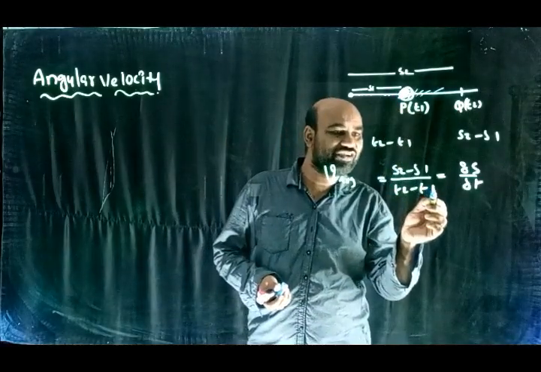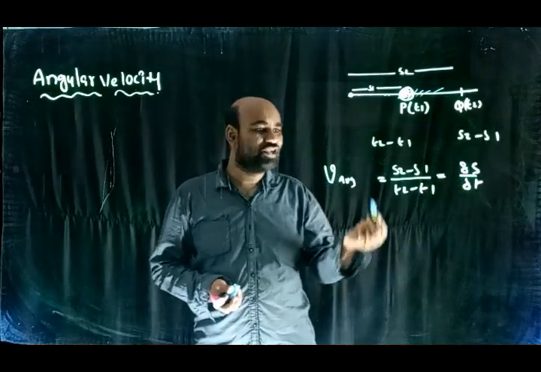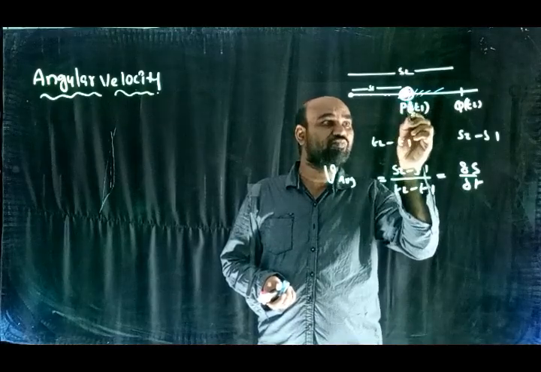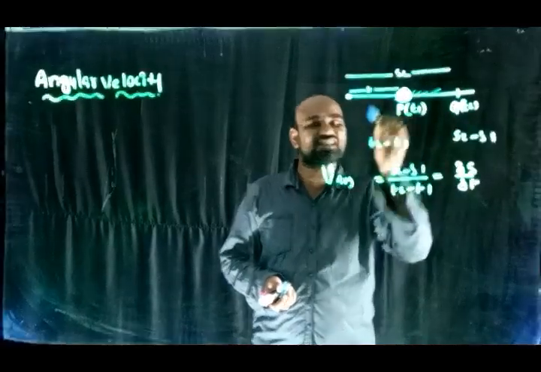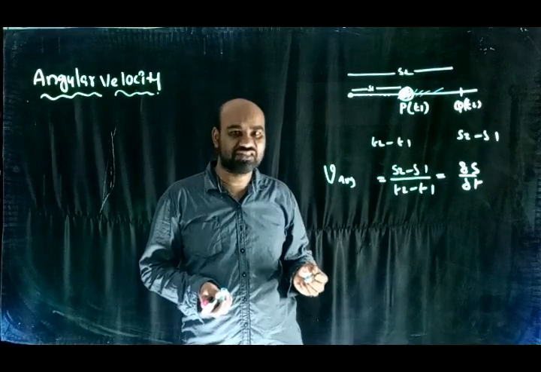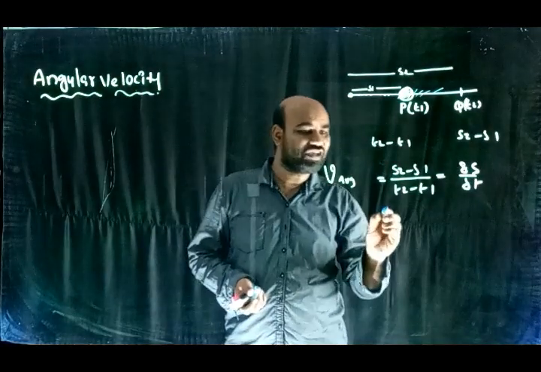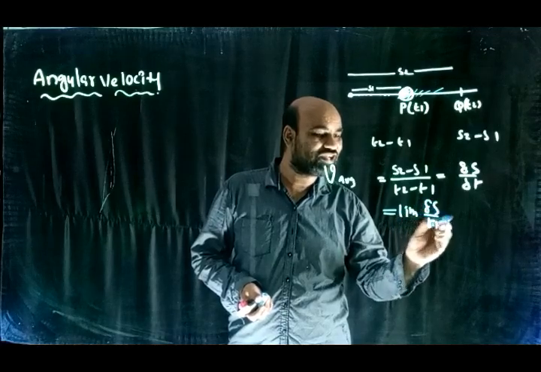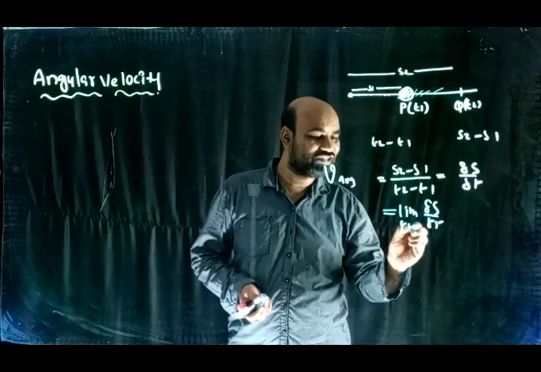Here the time is t1 only, so t2 minus t1 tends to 0. At that instant I want to find at what rate s is changing. So I can write the limiting value of delta s by delta t, where delta t tends to 0.